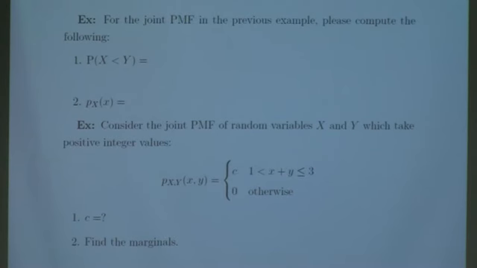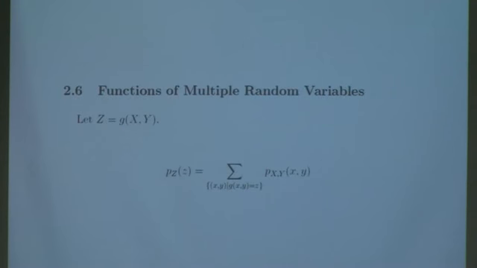And we found the marginals. Remember, the marginals were like taking a cut across the joint. And then we looked at functions of two random variables. A function of one random variable is a random variable. So by extension, a function of two random variables is also a random variable. In fact, a function of any number of random variables defined on the same sample space is another random variable.